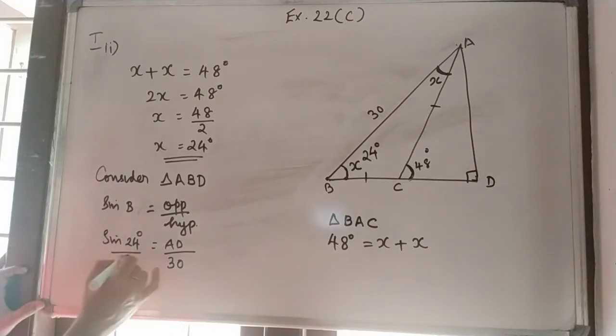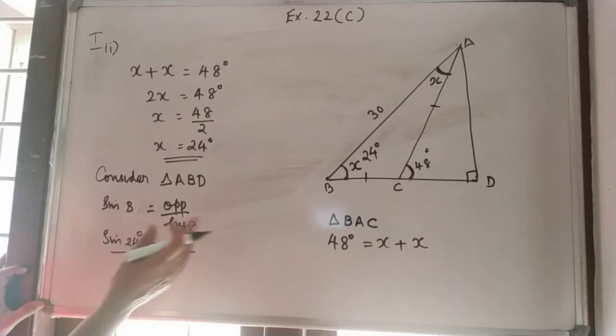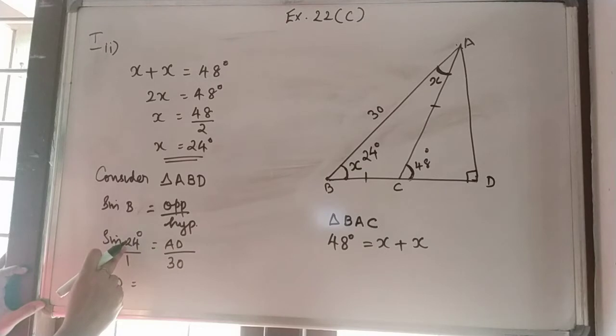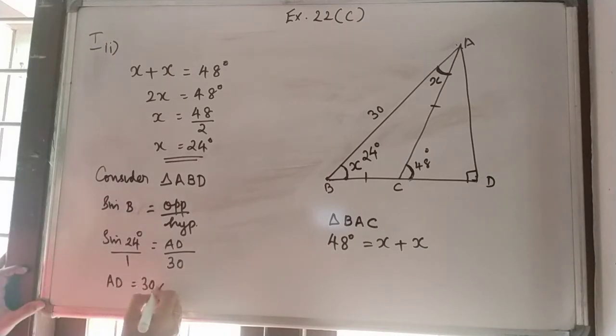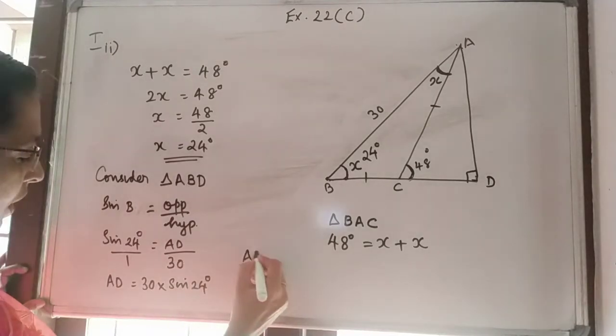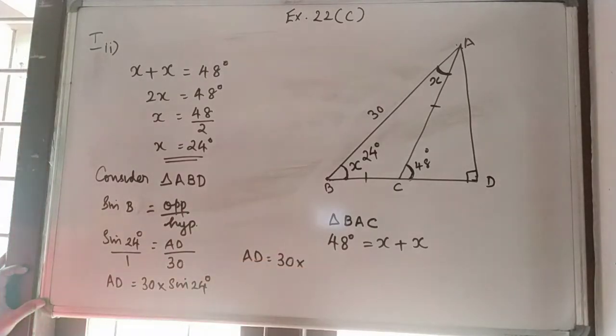If we cross multiply, either you can substitute the value here or after cross multiplying you can substitute the value. This method I am doing in another way, without substituting first, cross multiplying and after that substituting. So AD is equal to 30 into sine 24, sorry, not sine 45.